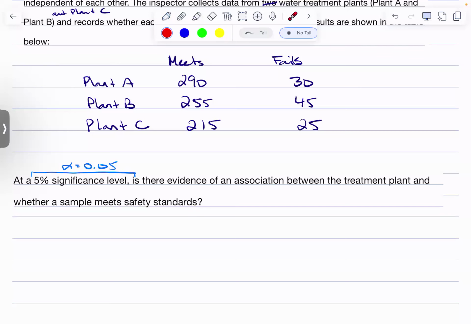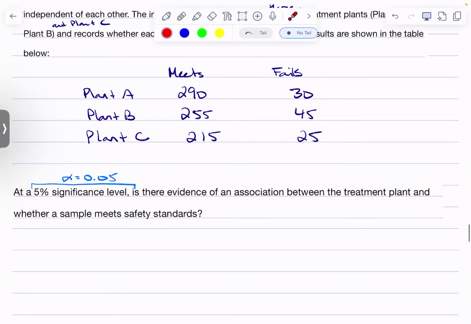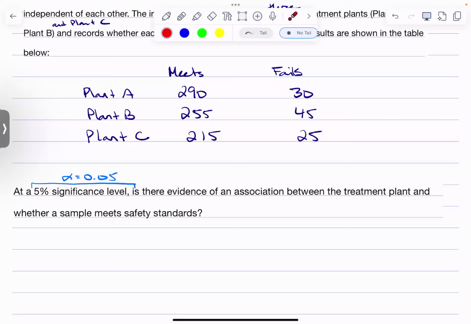Or is the distribution of whether they meet safety standards or not kind of even across the board, which I would hope, right? If you have a plant that's kind of famous for not meeting safety standards, that's bad, right? Then it's not independent anymore.